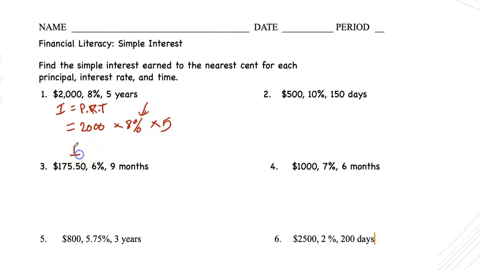You could do that on your calculator and you should get $800. So if I had 2,000 and borrowed it for 5 years at 8%, my interest would be $800. So this is using years. That's the easiest one.